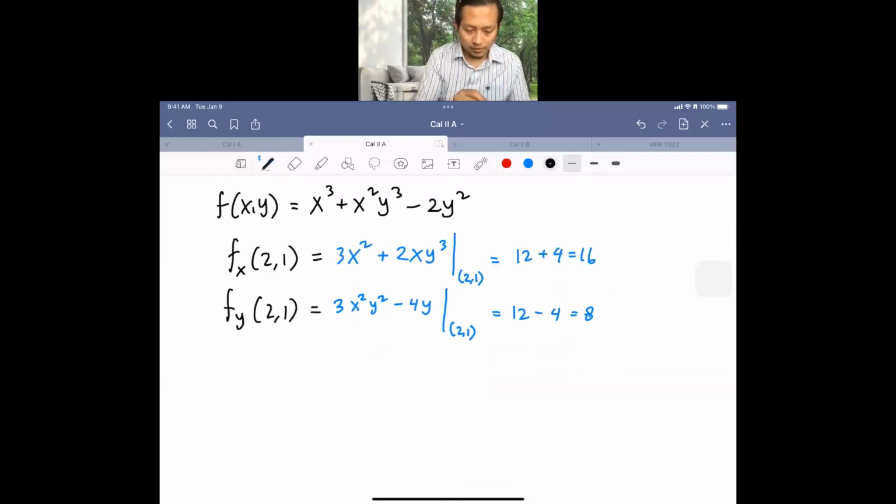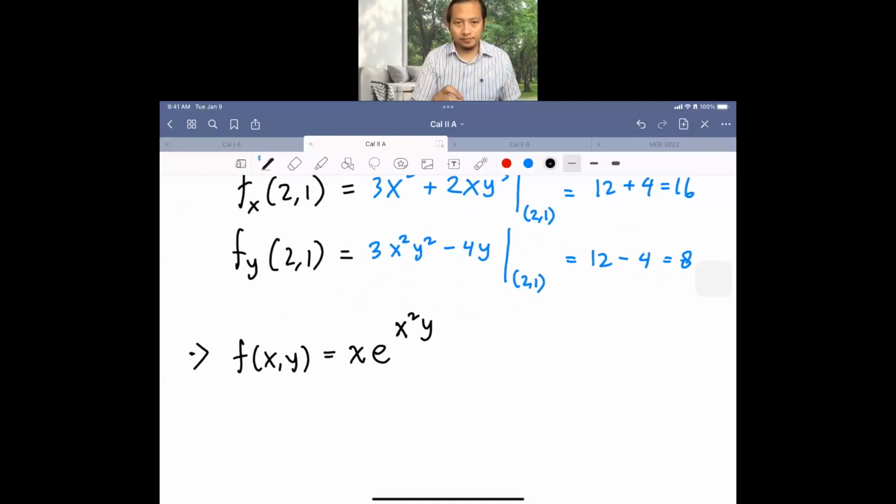Now another example, to give you more. Okay, let me give you this and evaluate f partial x, partial y.